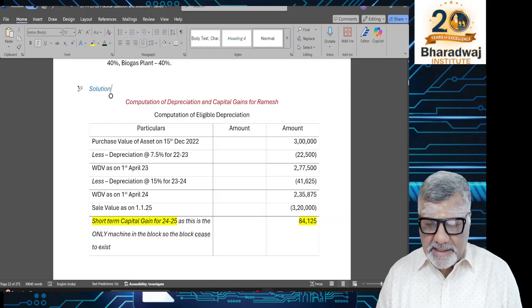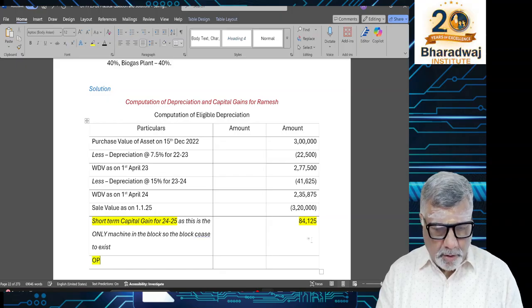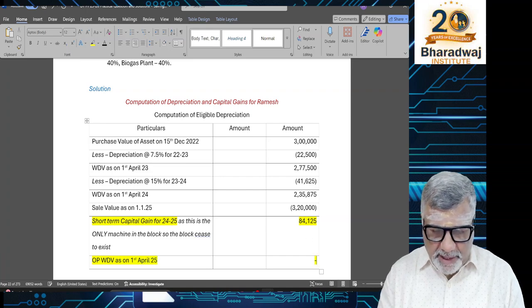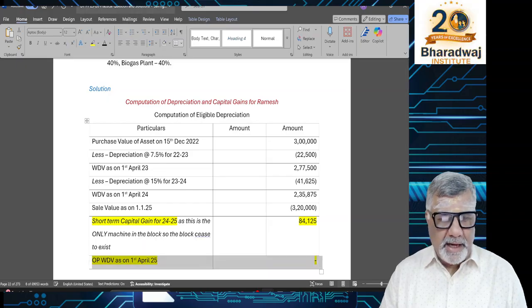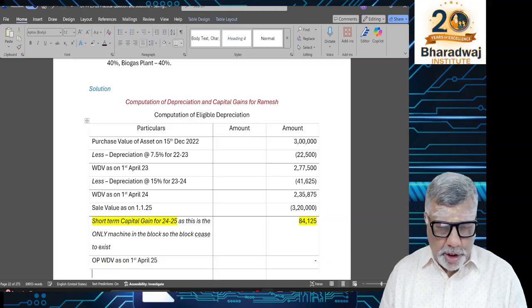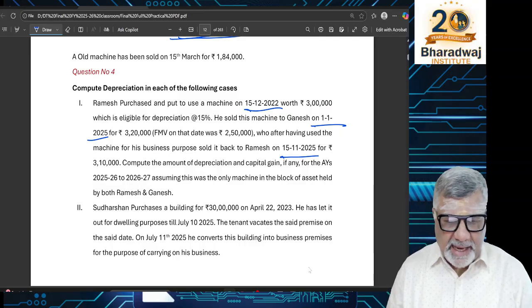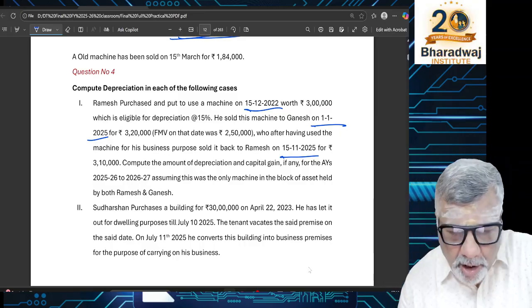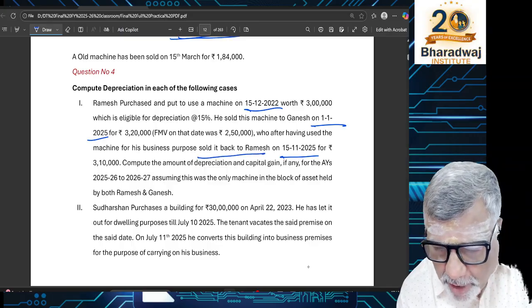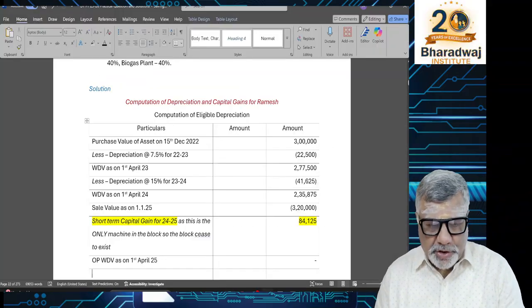Now comes the next part of the provision. Opening WDV as on 1st April 25 is nil, because you have sold the asset. Now look at the question. It says, sold it back to Ramesh on 15/11/25 for 3,10,000.